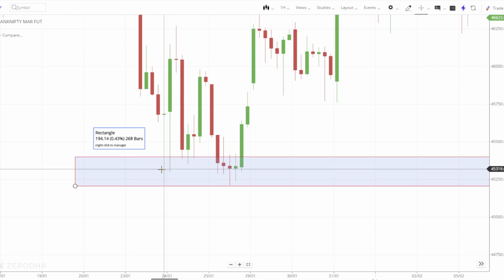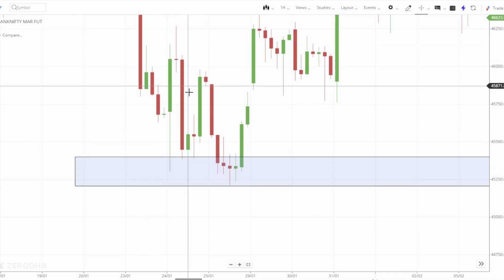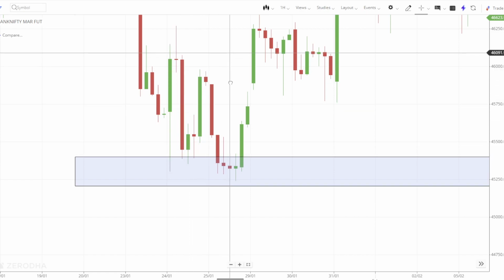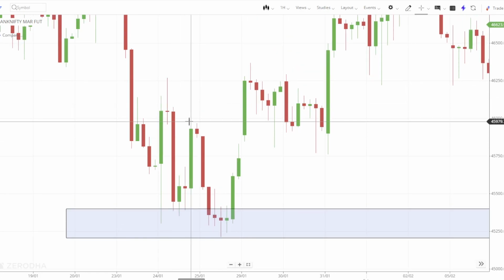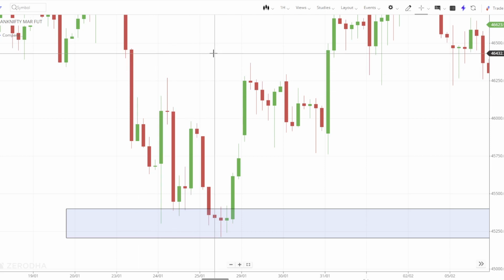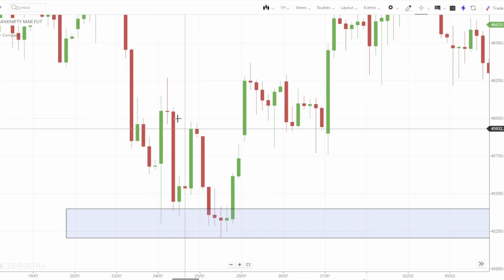So after a big fall, price took support from this level and then revisited this level and went up, but when it is going up, it is making higher lows. If this price went up to this level, so higher highs, it didn't visit this range.